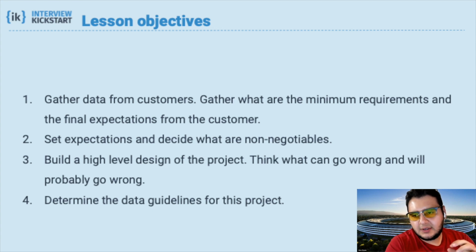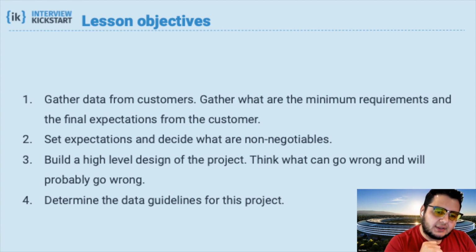It might not be realistic, given the workload your team might have, given your skill set, given the limitations of the machines, etc. There's a lot the customer will probably ask for that we just can't do. So we have to set clear expectations, and we have to decide what the non-negotiables are for the customer. There's some stuff they seriously want as part of the project. We need to figure out what that is, and try to accommodate as much as we can for that.